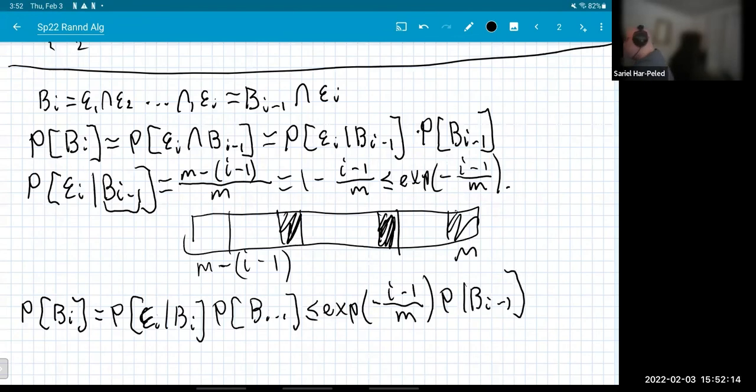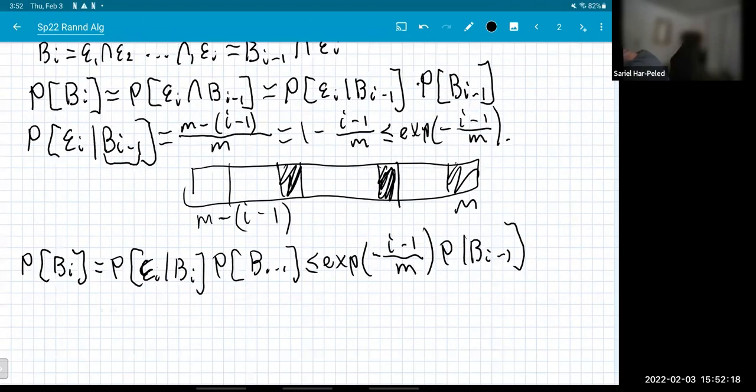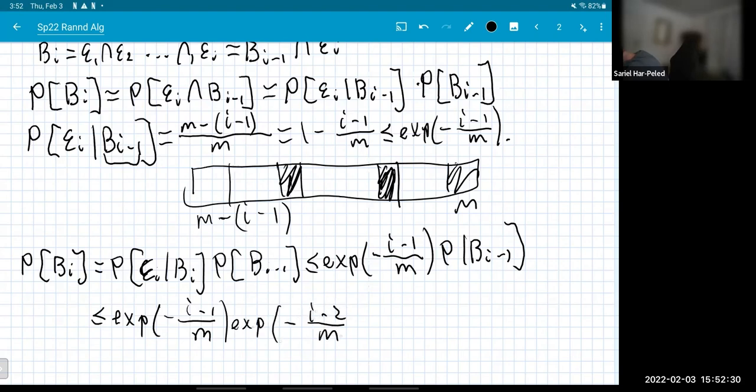And now I can apply this formula repeatedly. So this is going to be smaller or equal than exp of minus (i-1) over M times exp of minus (i-2) over M, and so on.